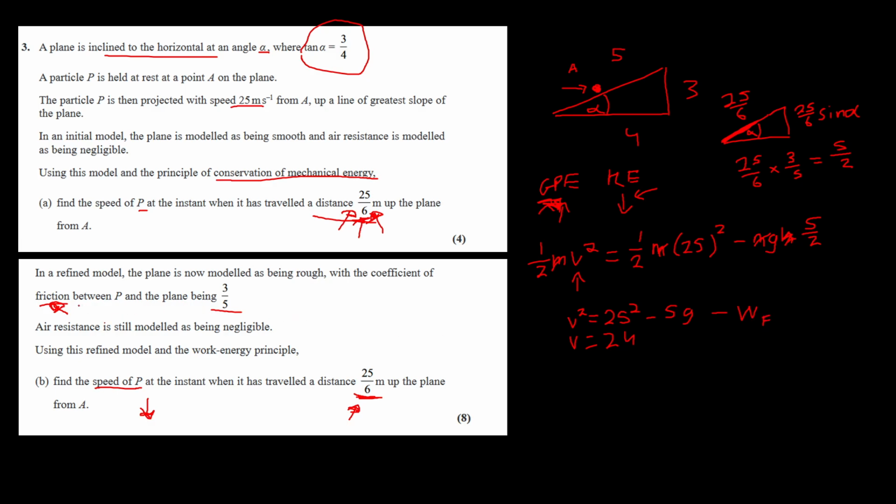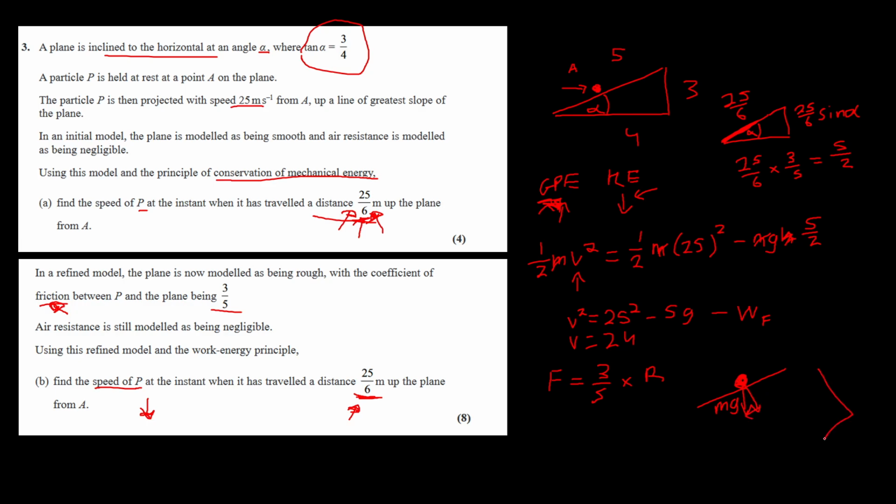And so to calculate the work done by friction, we need to know that the force of friction is equal to the coefficient of friction multiplied by the reaction force of the weight. And to do that, we'll need to calculate the weight that's acting on the plane. So if we draw the plane here with the particle there, then its weight is acting downwards, which is just mg, and the component of the weight, which is acting perpendicular to the plane, is going to act like that.